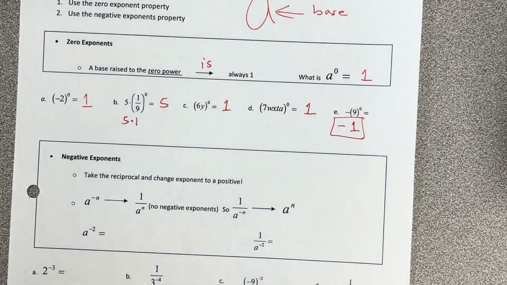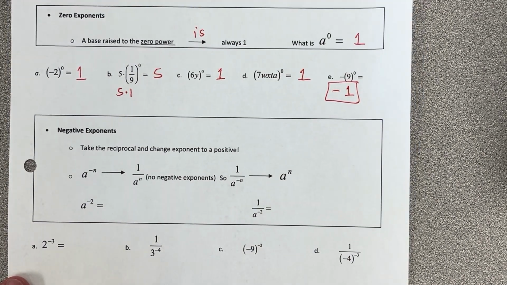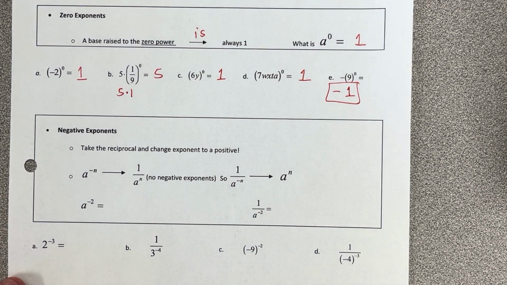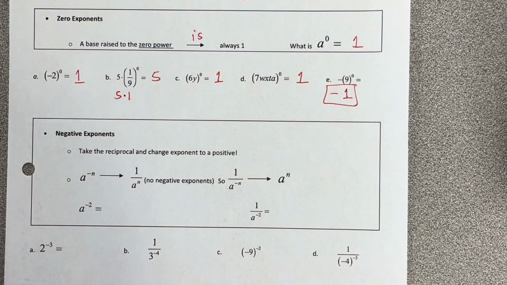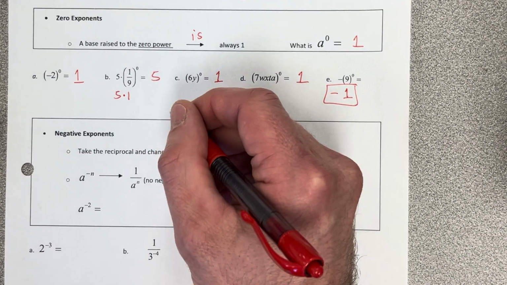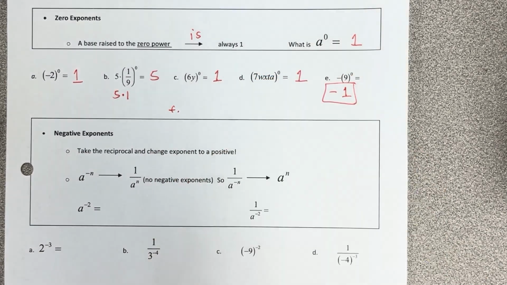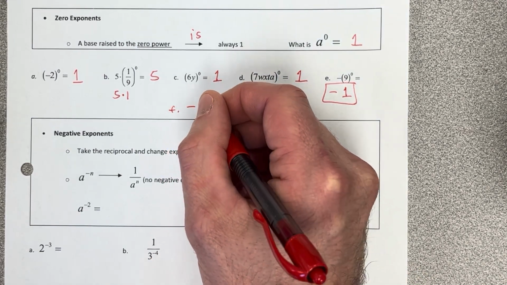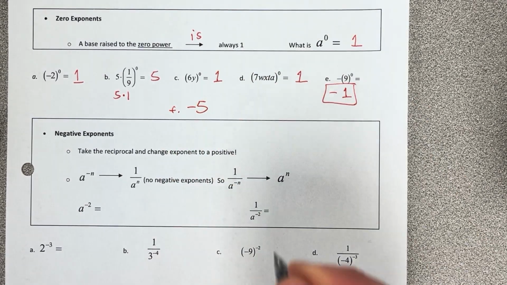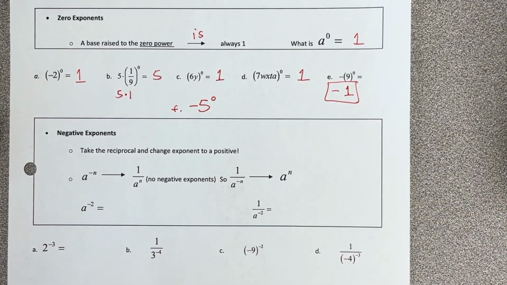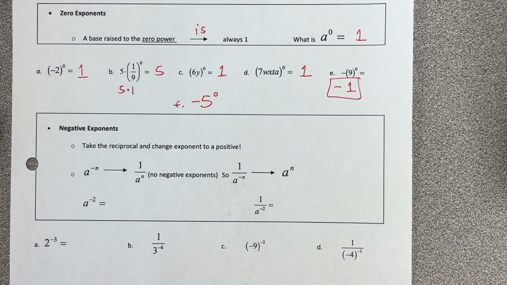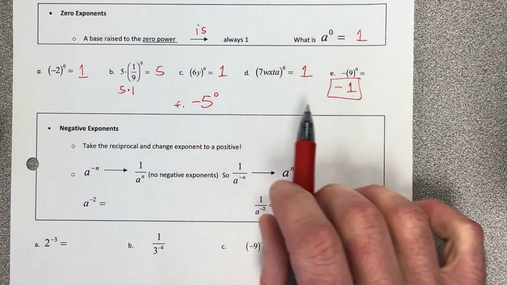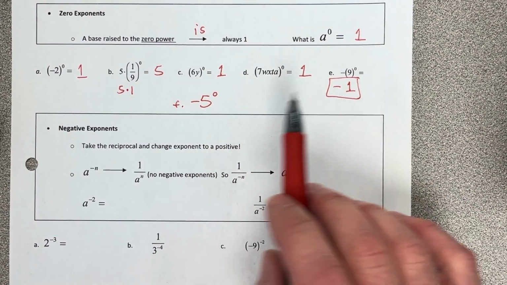Before we move on, I also need to point out something that might throw people off. Depending on what calculator you use, it may give you wrong answers if you don't realize this. So I'm going to show you something real quick. We'll call this example F. If you have a negative number without parentheses raised to a power, it's kind of like having the parentheses around that 9 there.